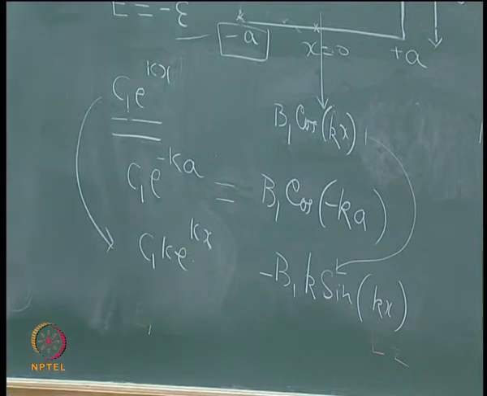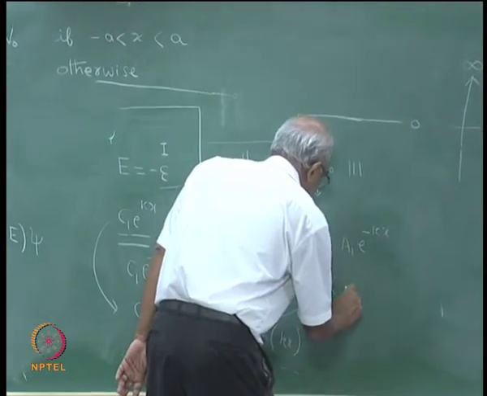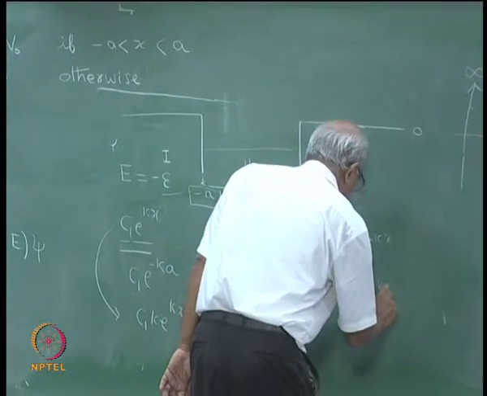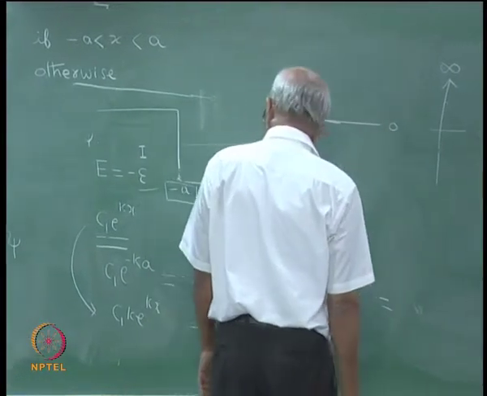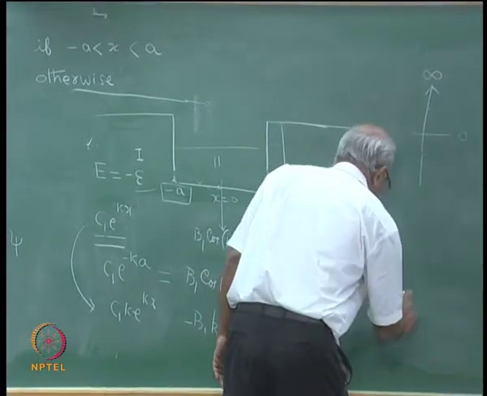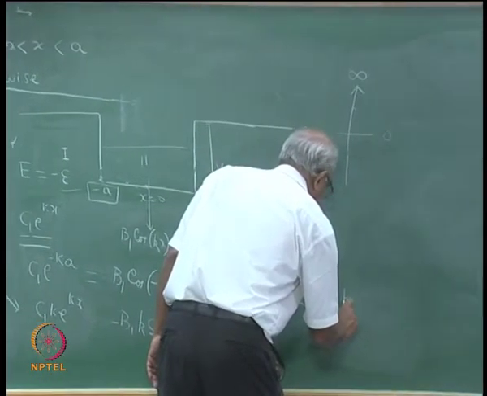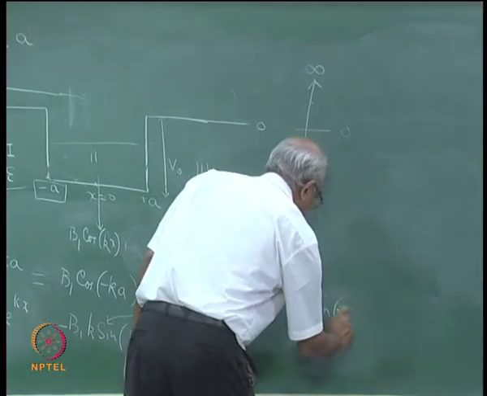You get C1 kappa e to the power of minus kappa a is equal to minus B1 k sin minus Ka.